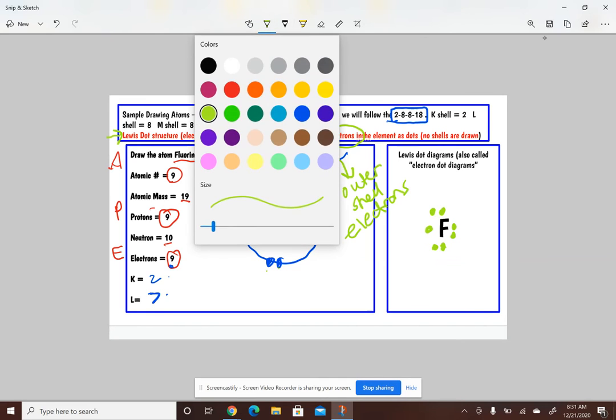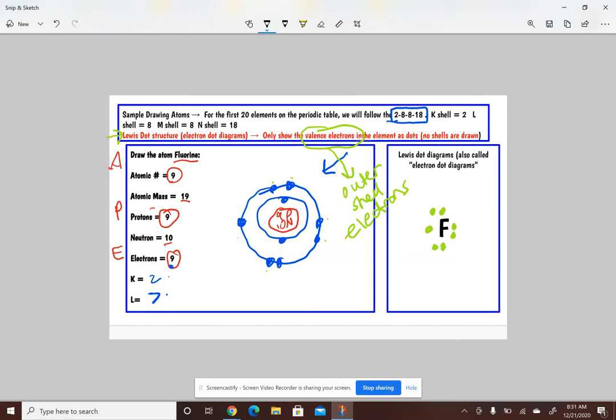So again, I'm going to take a different color pen just to redo this for you. When we draw the Lewis dot diagram, first we draw a symbol, and then we figure out how many valence electrons we have. So we draw our atom, we see how many are in the outer shell, and then for our Lewis dot, we just put the valence electrons. Notice how I go around once and pair them up the second time.